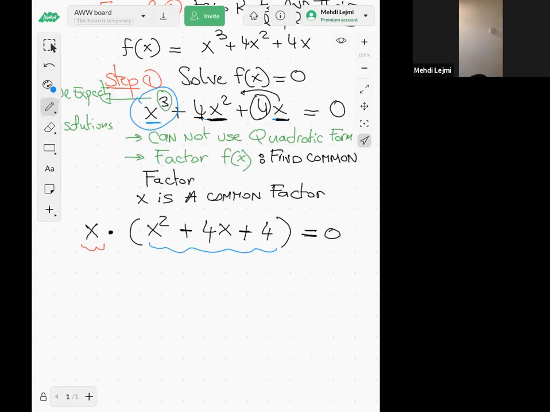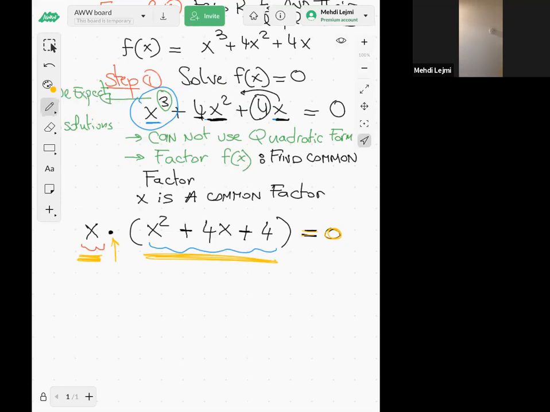We factor because we're going to have a product, and when you have a product equal to 0, it means that one of the numbers is 0, right? So because I have a multiplication here which is equal to 0, then either this x here is 0 or the second number, x squared plus 4x plus 4, is 0. Okay, that's why we factor.